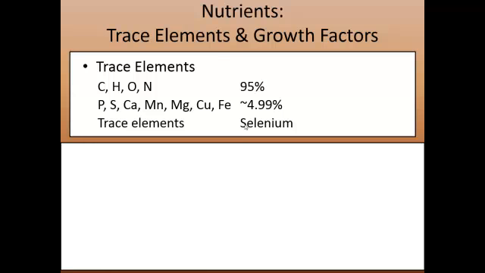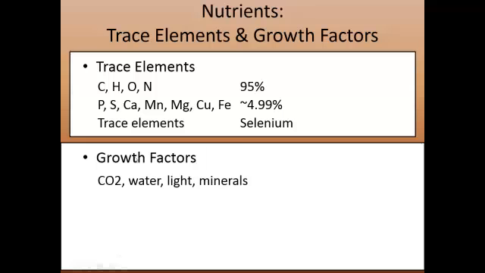Now, not all requirements for growth are elements. Sometimes they are organic molecules, and we call these growth factors. So there are some organisms that if you give them CO2, water, light, and minerals, they are just happy, they grow, and they don't need anything else.